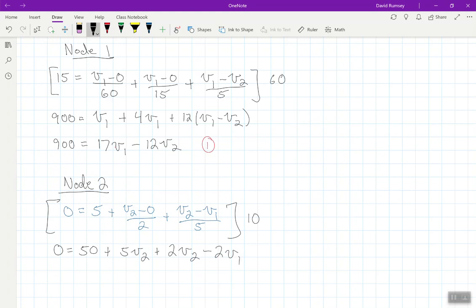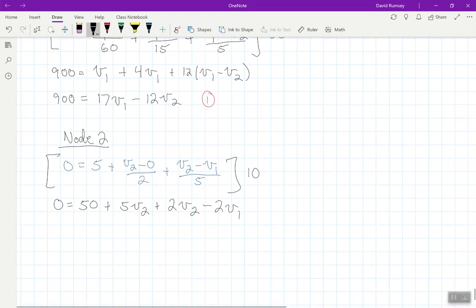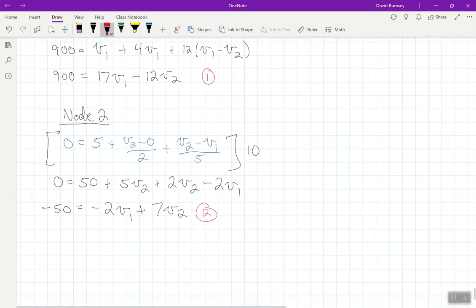That's just multiplying everything through. And then again, cleaning things up, my equation would be minus 50 is equal to, and I like to make sure to write it in the same order, minus 2v1 plus 7v2. So this is my second equation here.